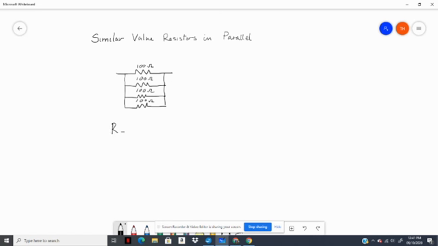RT is equal to 1 over 1 over R1 plus 1 over R2 plus 1 over R3 plus 1 over R4, right?